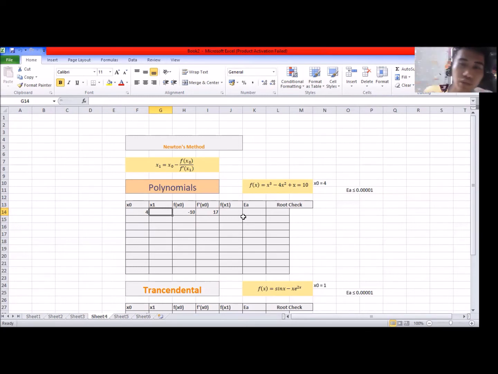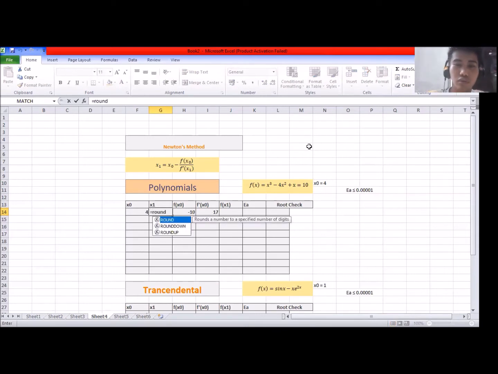So let's move on to x of 1. We have the formula: x of 1 equals x of 0 minus the function of x of 0 divided by the derivative of x of 0.